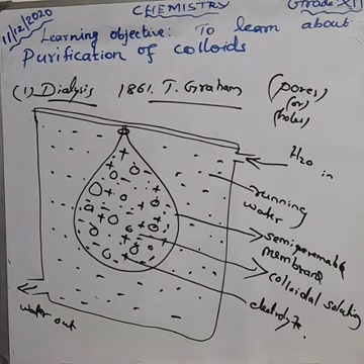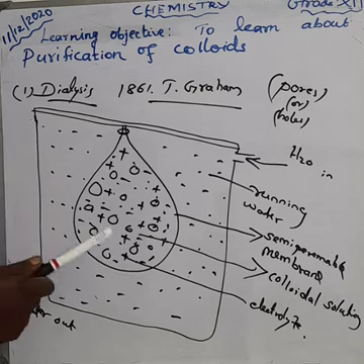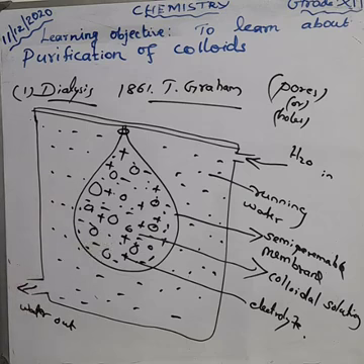Here the colloidal solution, due to the different methods of preparation, may contain certain impurities. If they are not removed, it may be destabilized and precipitate the colloidal solution. This is called coagulation. The impurities are mainly electrolytes, and should be removed to increase the stabilization of colloids. One of the methods is dialysis.